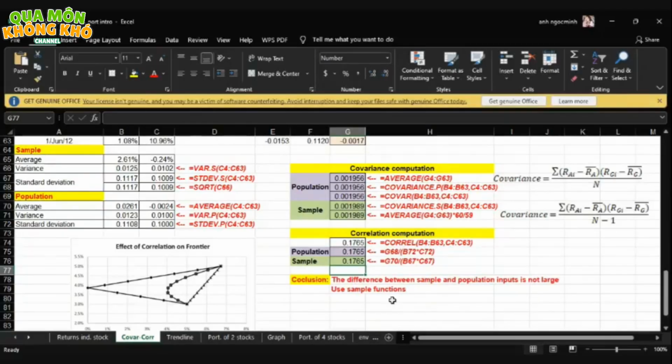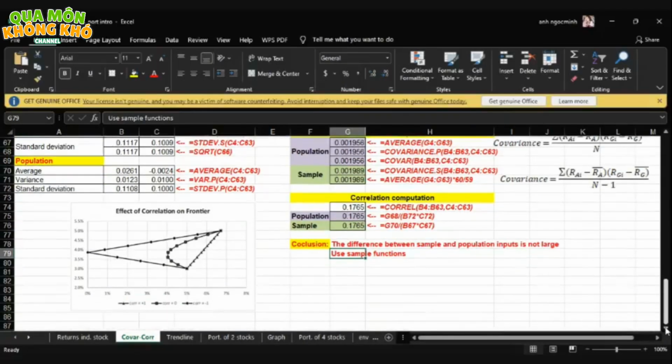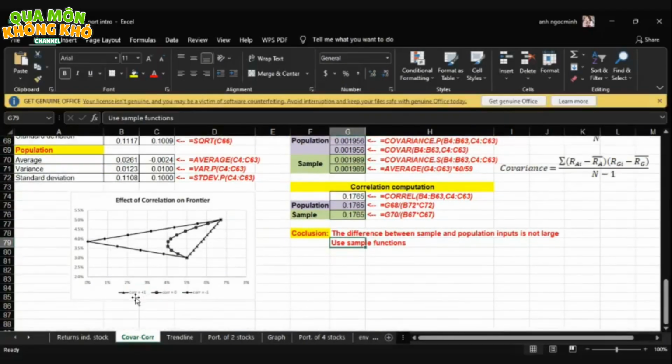Both covariance and correlations have the same meaning, so I would like to take correlations as representative to make deeper explanations. As we can see on the graph here, we have correlations equal to 1, 0, and -1.